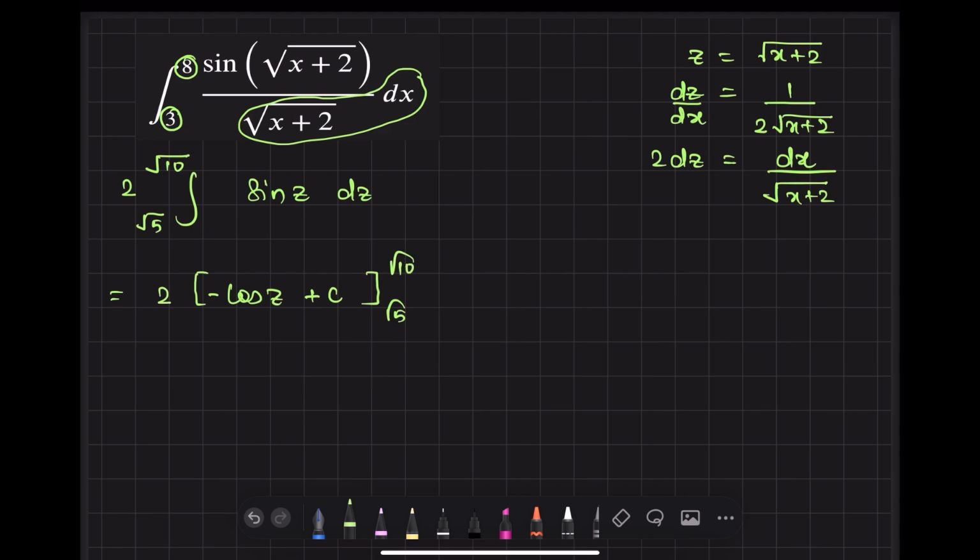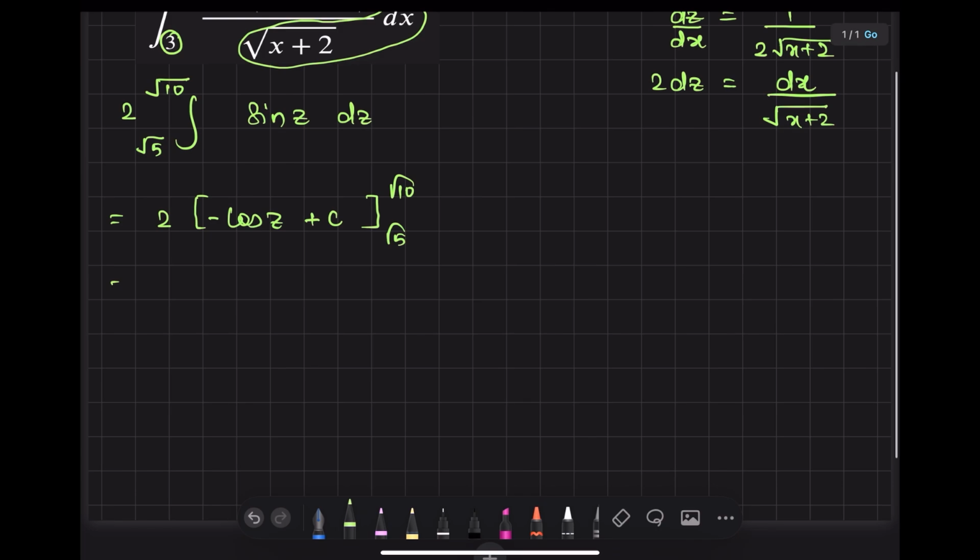Okay, now look at this. Let's apply the limit. So first we will do what? We will place the upper limit.